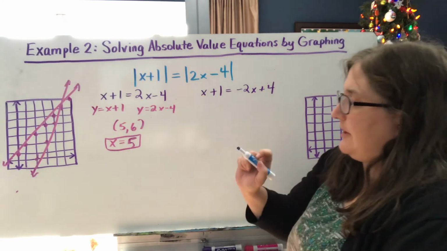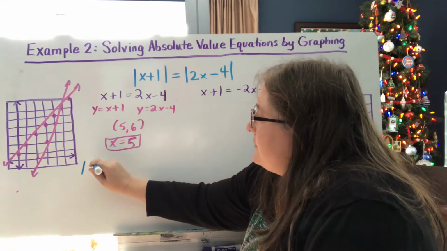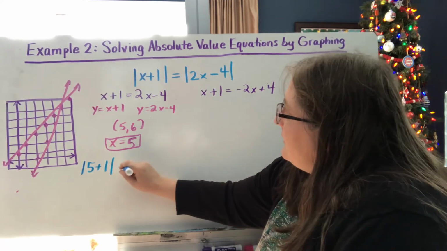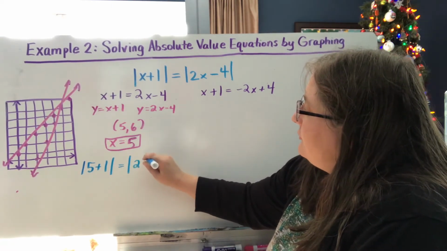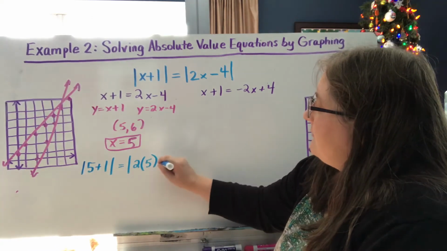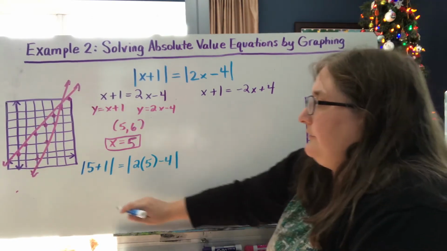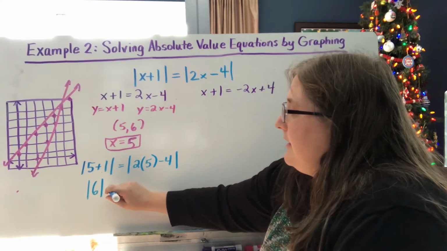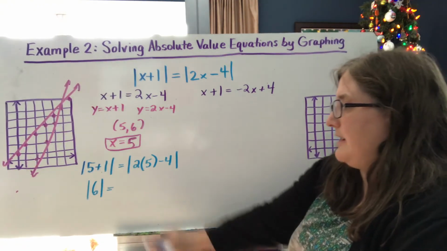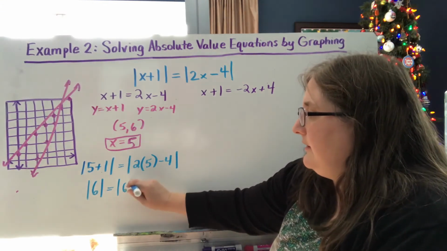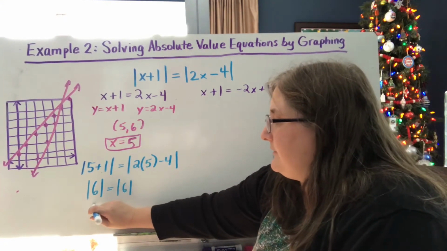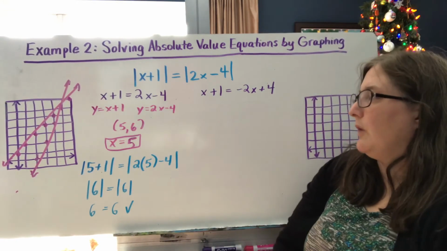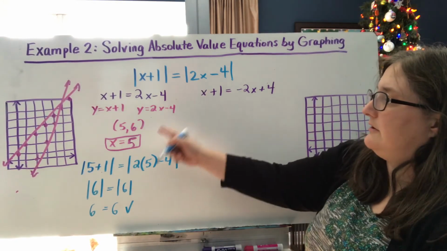So in my original equation, I had the absolute value of x plus 1, so 5 plus 1, equals the absolute value of 2 times x, so 5 minus 4. So 5 plus 1 gives me the absolute value of 6. 2 times 5 is 10, minus 4 is 6. And the absolute value of 6 is 6 and 6, so it checks out. So one possible solution for x here is 5.